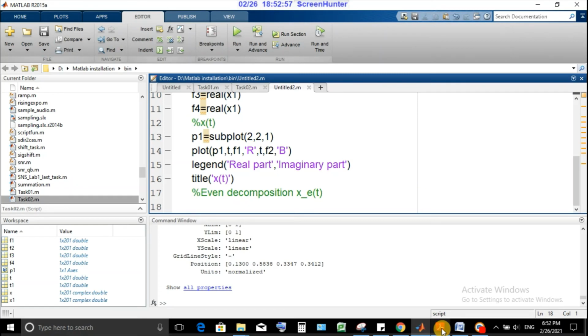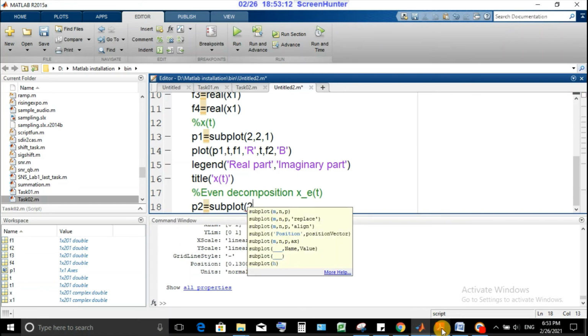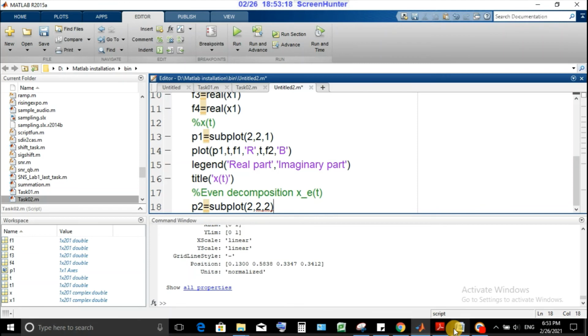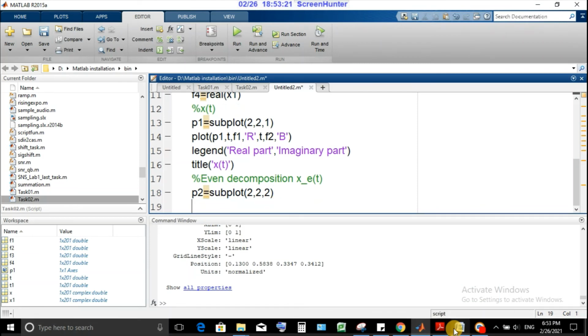And as far as here, we have to write p2 in the subplot command, 2 comma 2 comma 2. Then we are defining the signal, it is equal to f1 plus f2 plus f3 plus f4 whole divided by 2.